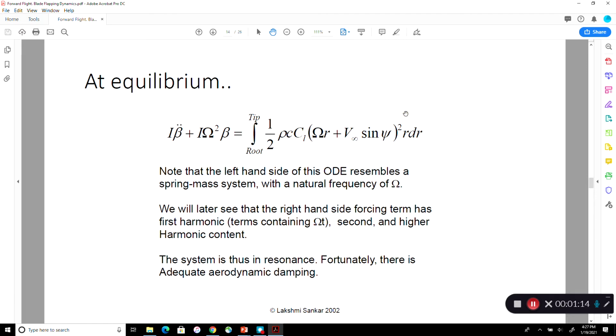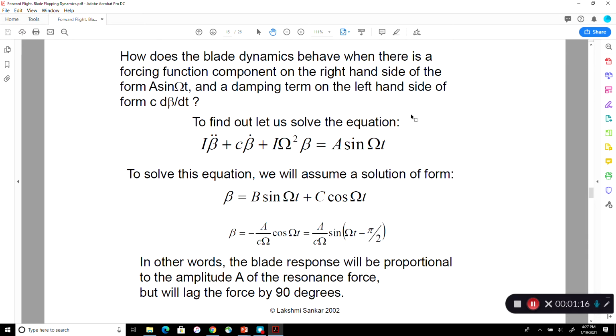Now let's look at what happens if you apply a resonance force here. This is that model problem. There's no damping in here. So if you don't have a damping term, this will become infinity very, very quickly. To avoid that, we add an artificial damping term here, just to illustrate how the equation behaves.